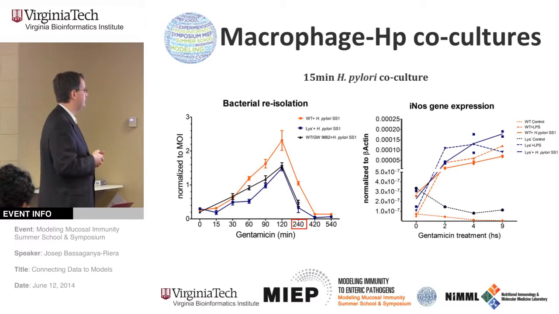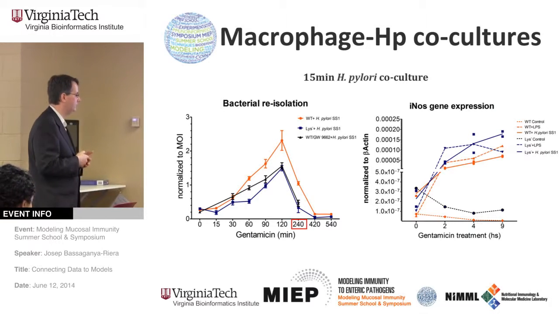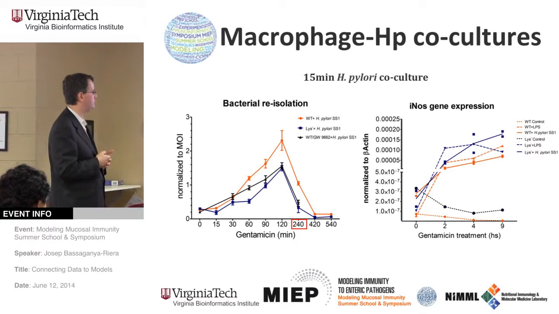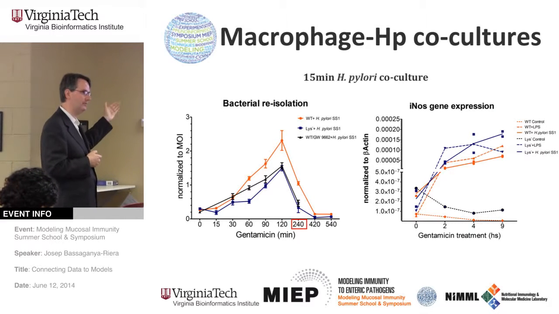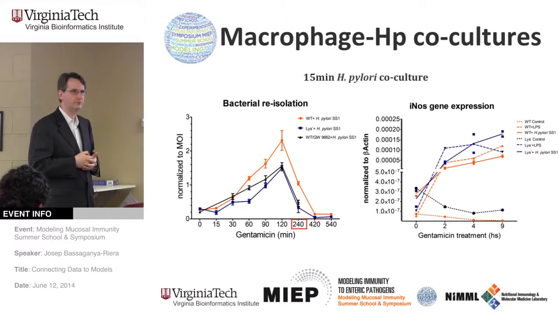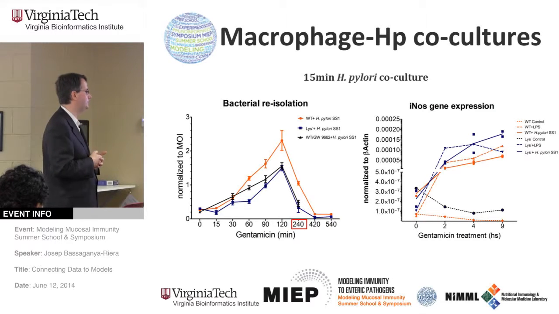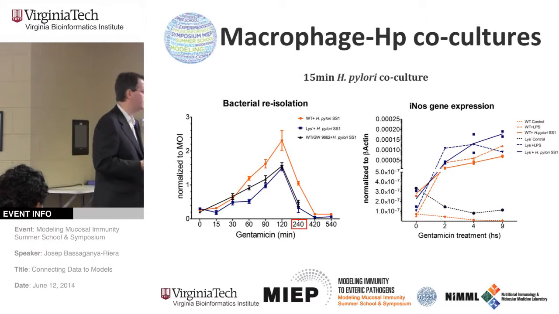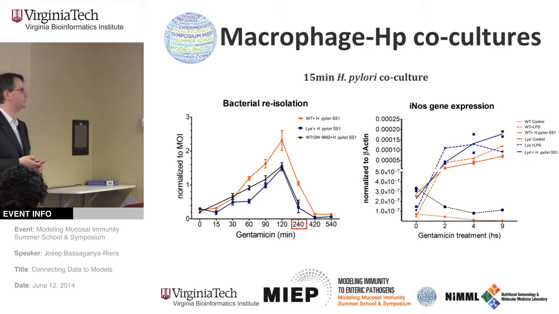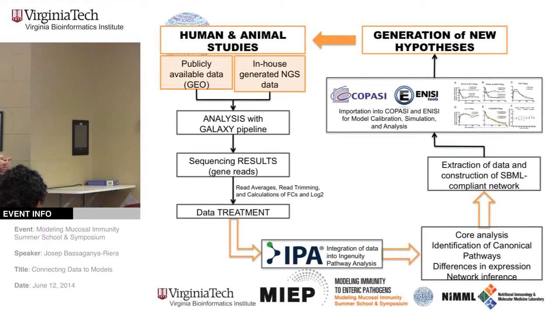The wild-type mice or tissue-specific or myeloid-specific PPAR gamma null mice is in blue. And so both at in vivo level as well as in co-culture studies, the deficiency of PPAR gamma in myeloid cells resulted in lower levels of H. pylori. And this was correlated with increased levels of iNOS in the tissue-specific PPAR gamma null mice.